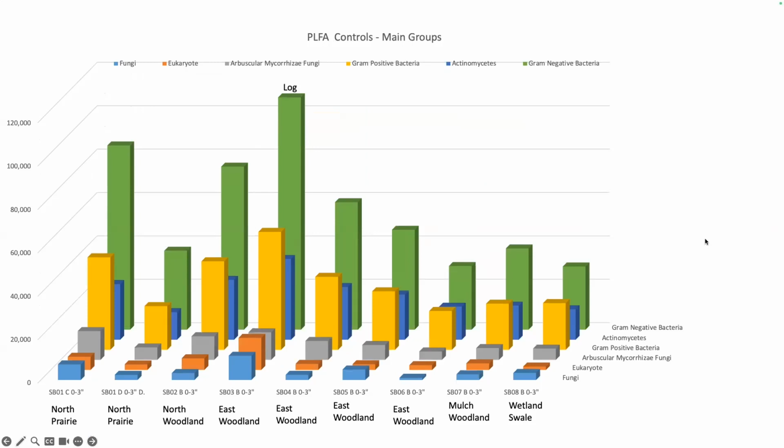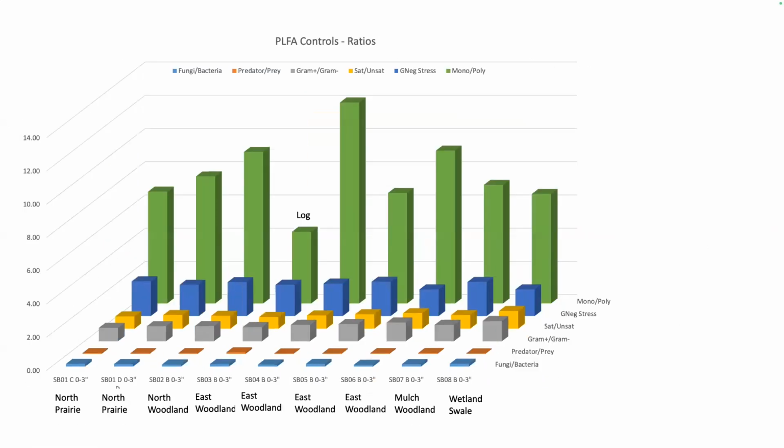Another thing they're really big on is looking at ratios between the fungi and the bacteria, the predator prey, the gram negative to gram positive, saturated and unsaturated chains, gram-negative stress, and the mono and poly.